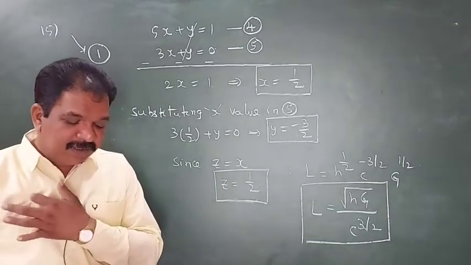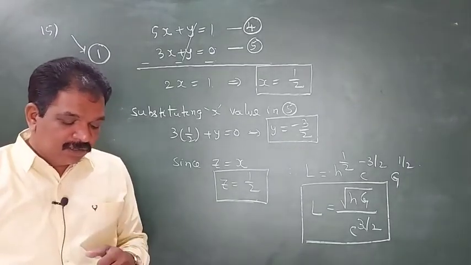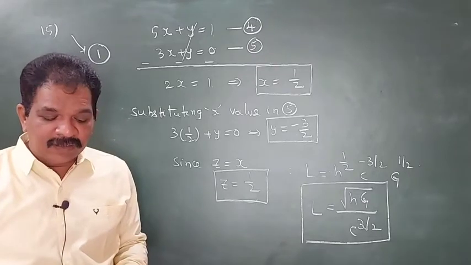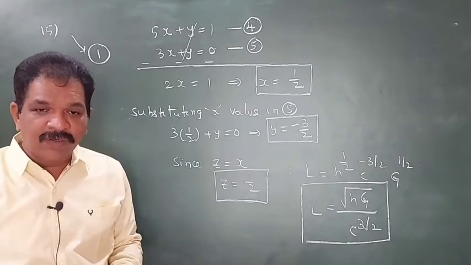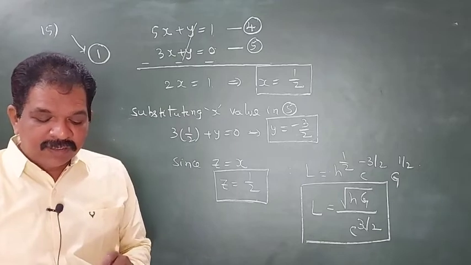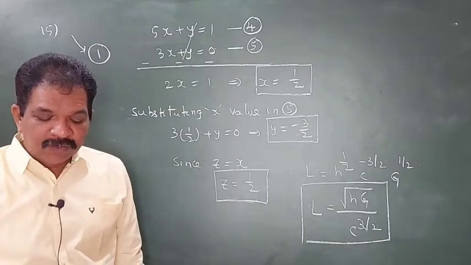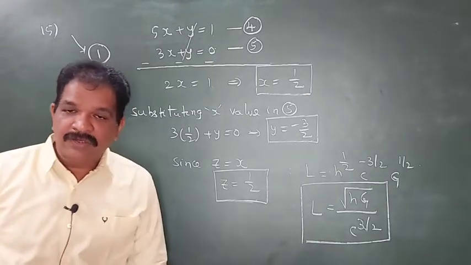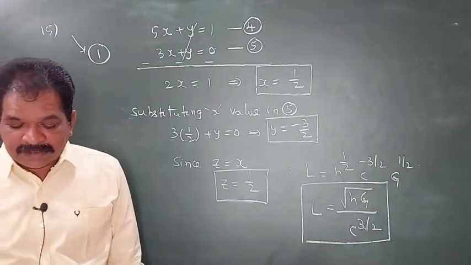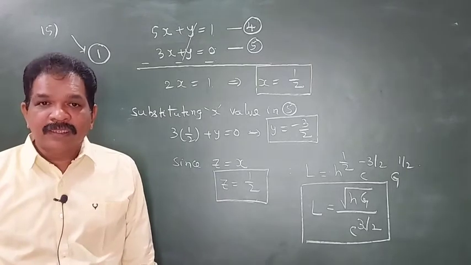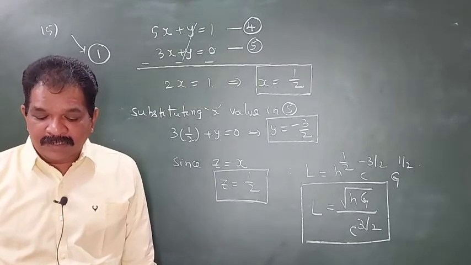Okay. See the 16th question. A physical quantity of the dimensions of length can be formed out of c, G, and e square by 4 pi epsilon naught. So they are asking for the length value in terms of c, G, e square by 4 pi epsilon naught.